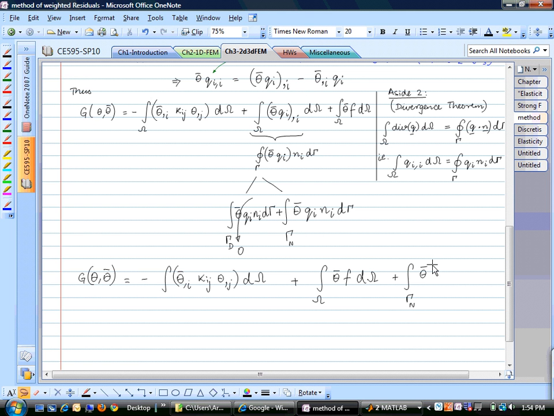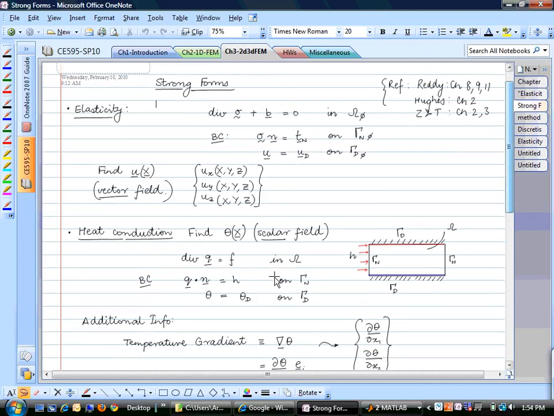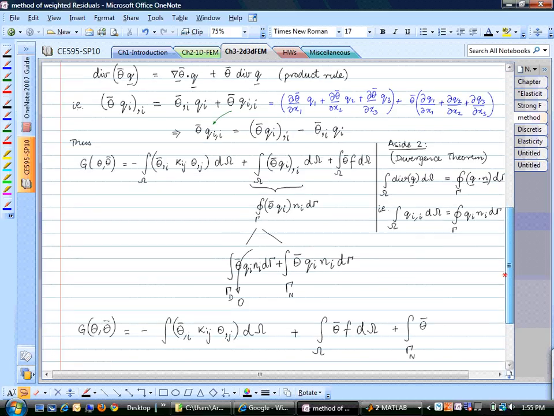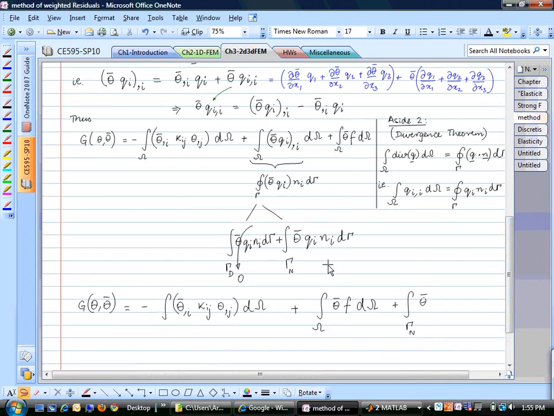In this case, it would be this one, h. q dotted with n is equal to h. h is the heat that we are pumping in over the part of the boundary on which the traction, quote unquote, or the heat flux is specified. So if you make that substitution right here, what we get then is theta bar times h over the boundary gamma N.